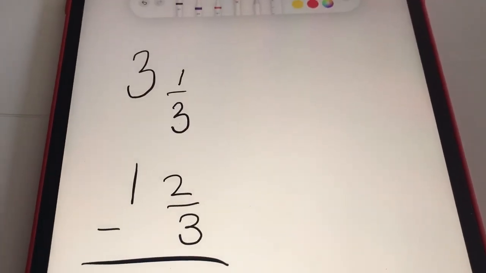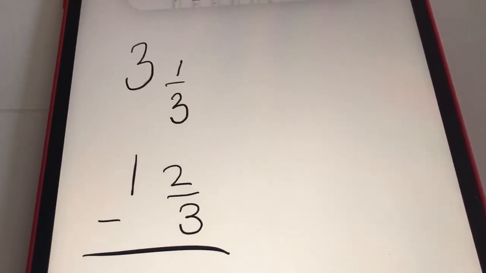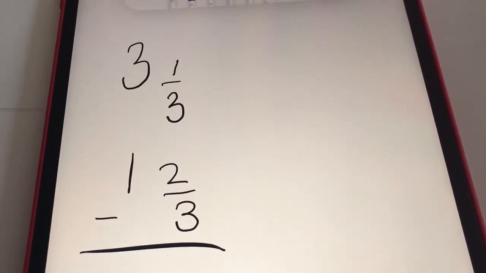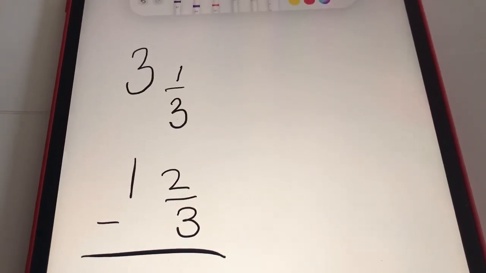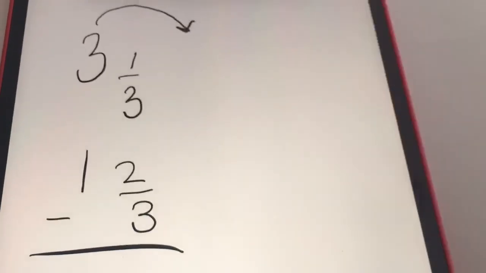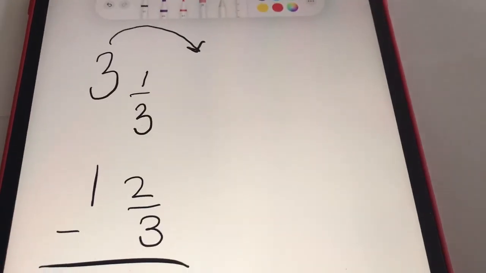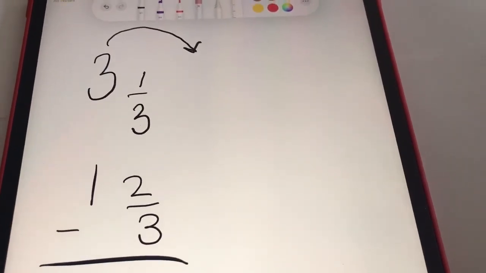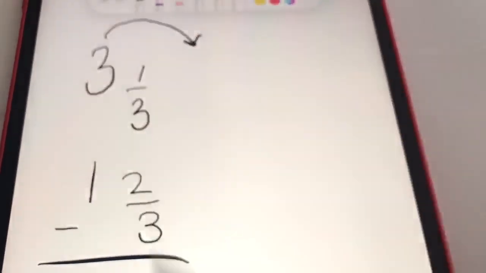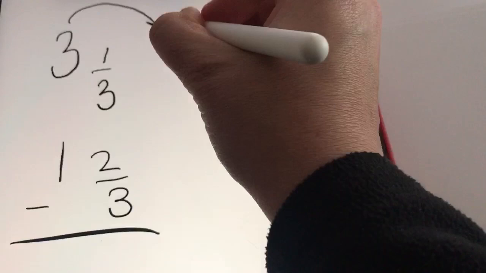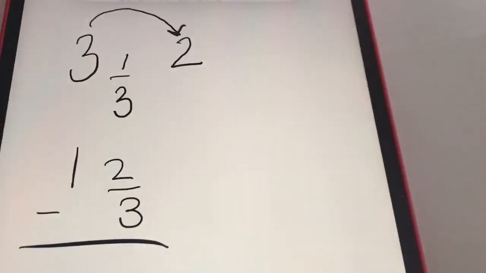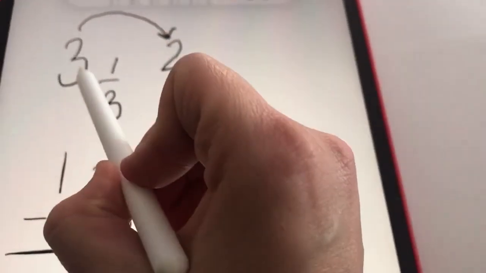Very similar to yesterday's assignment, you are going to rename 3 and 1/3. In order to do that, you need to take out a whole. Because we're dealing with thirds, we are going to borrow a whole from 3.